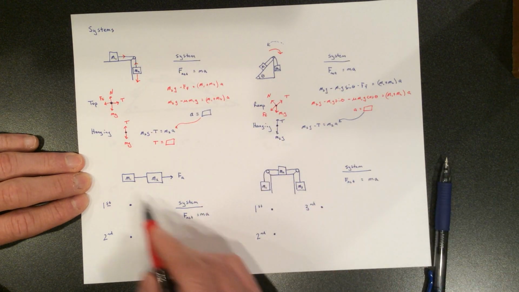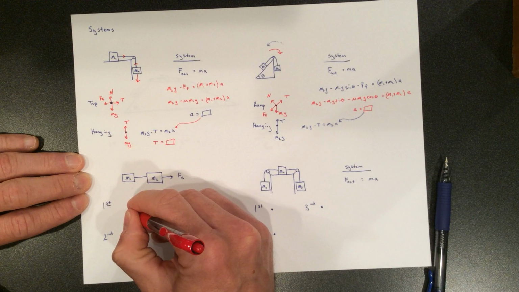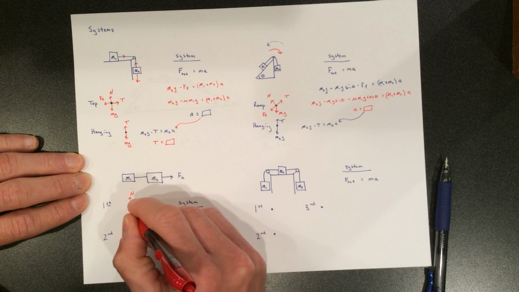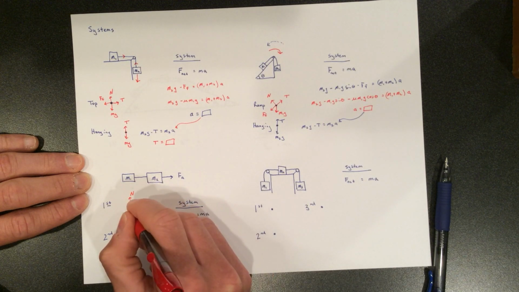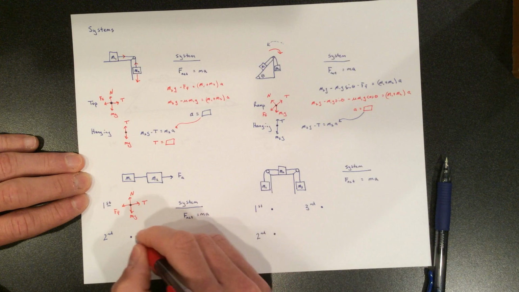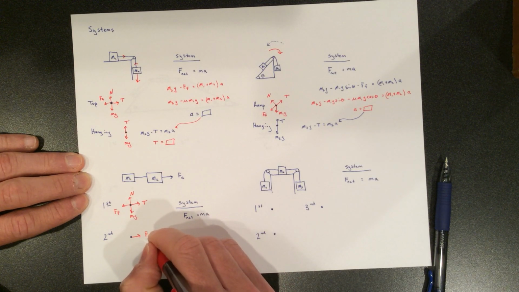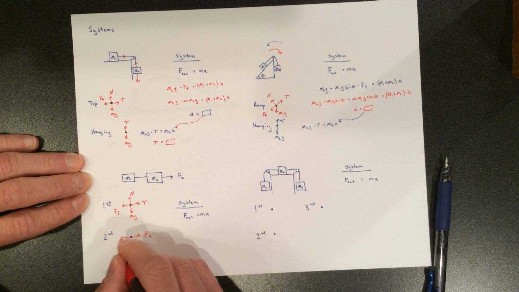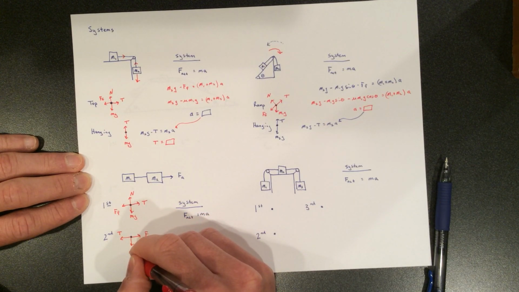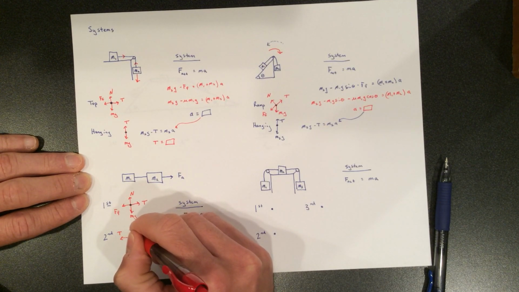Okay. If I look at the first box, I have gravity, normal force, some sort of tension, and friction is going to oppose it sliding to the right. Second box, I got the applied force, I got the tension in the rope actually pulling me backwards, and I have its own m2g with a different normal force, right?